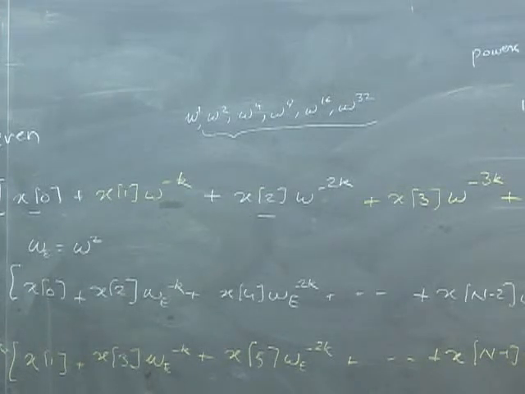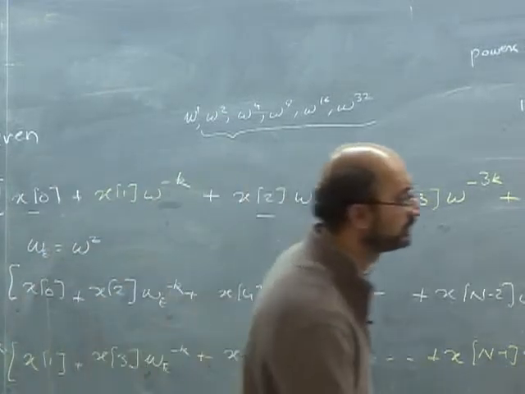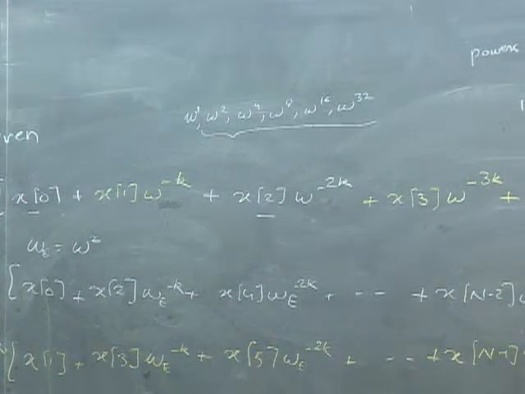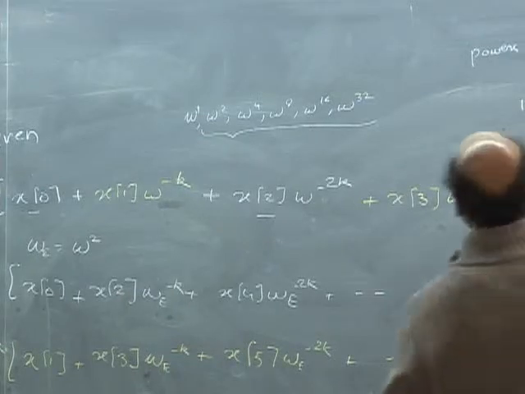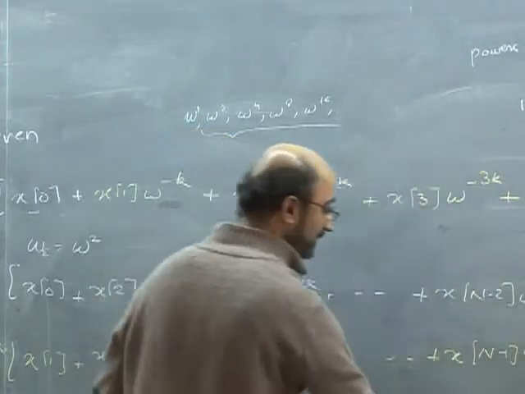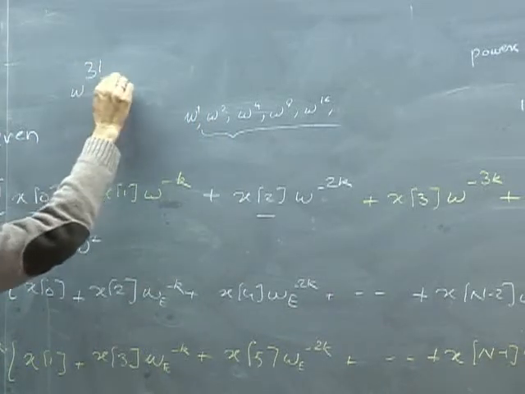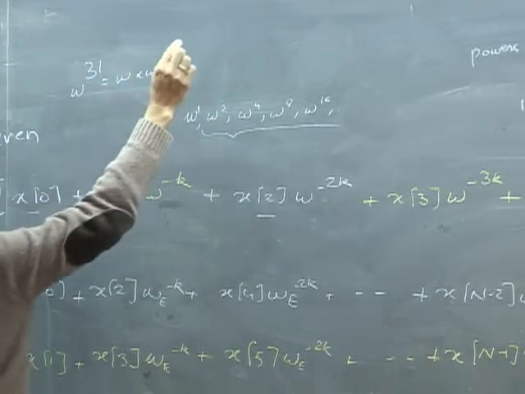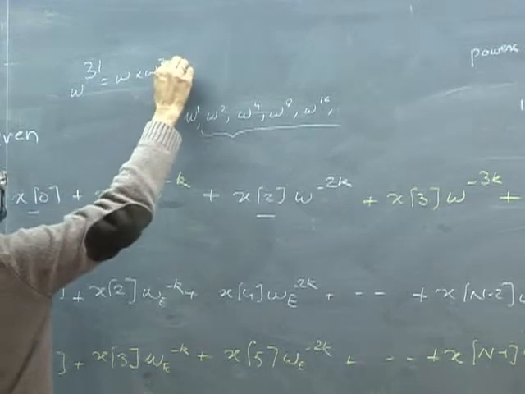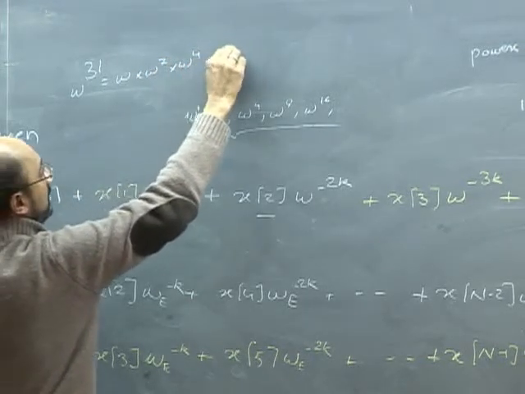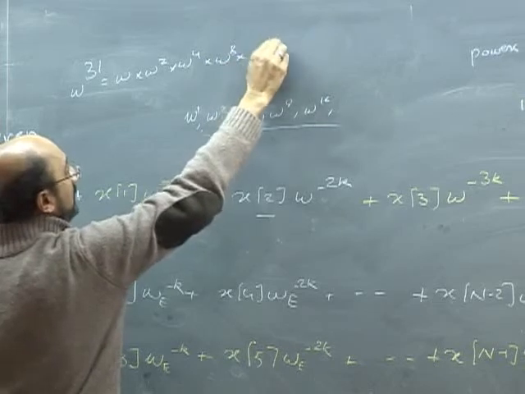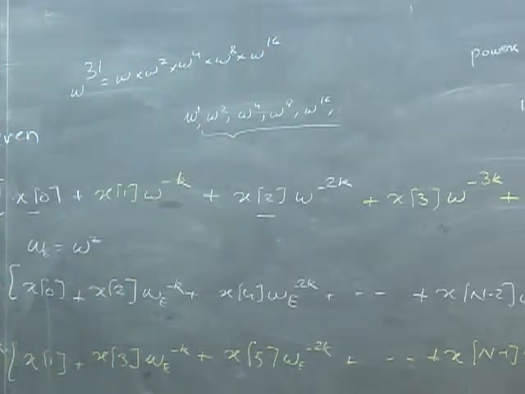I think we only go up to 31. Oh, right. Okay, so omega to the 31 will be written as omega times omega square times omega to the 4 times omega to the 8, and omega to the 16, so 24, 28. So yeah, that's right. We just need 2, 4, 8, 16. That's the highest power that we need to compute.